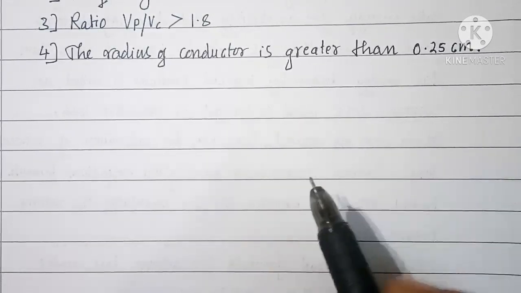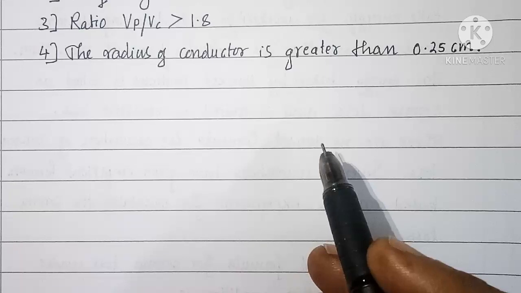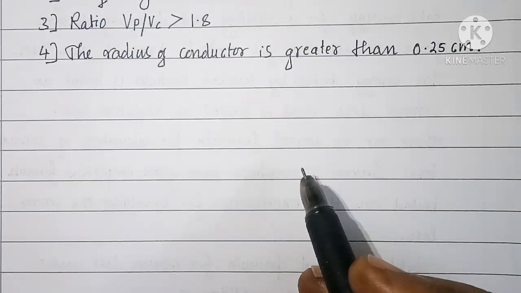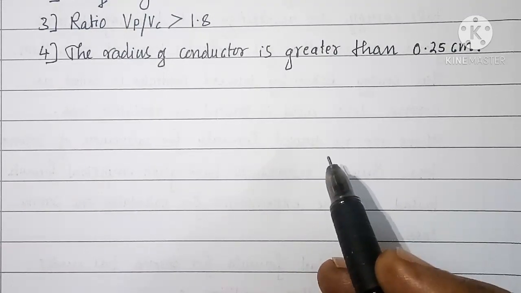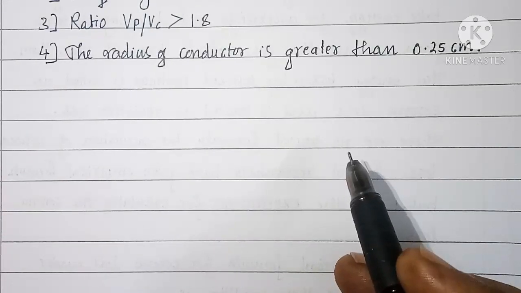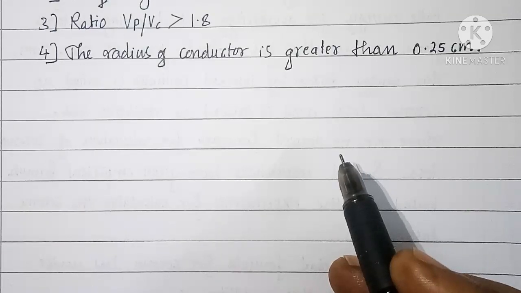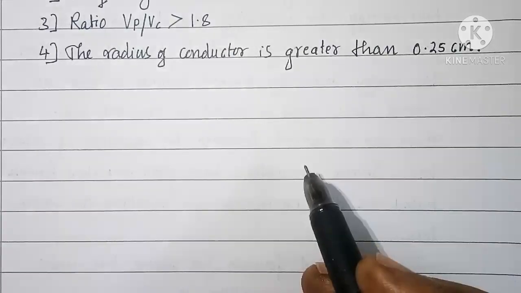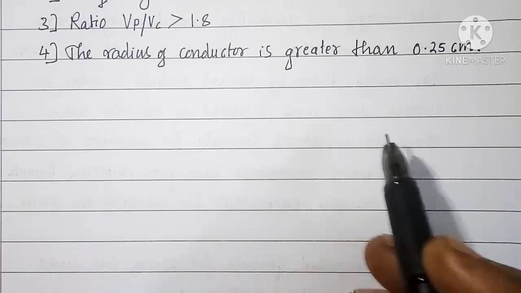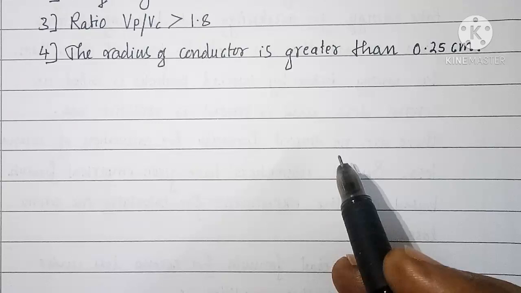So if weather condition is fair, we can make use of Peake's formula. If weather condition is not fair, if it is stormy or foul, then we can replace Vc by 0.8 Vc and we can make use of Peake's formula. But if the ratio of Vp by Vc is not greater than 1.8, say it is less than 1.8, then what to do?